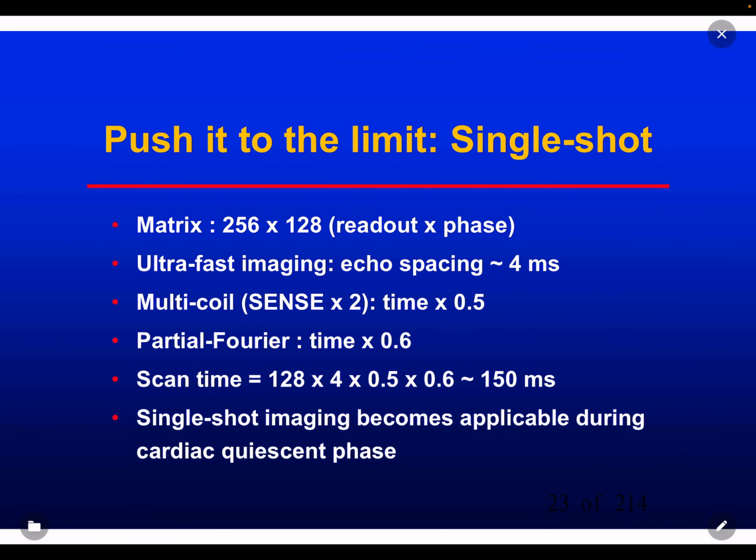Or we can push it to the limit. We can use a matrix size of 256 by 128 and ultrafast gradient echo, multi-coil, partial Fourier. The scan time can be reduced to 150 milliseconds.